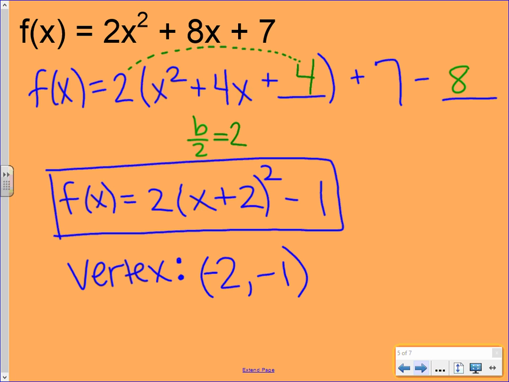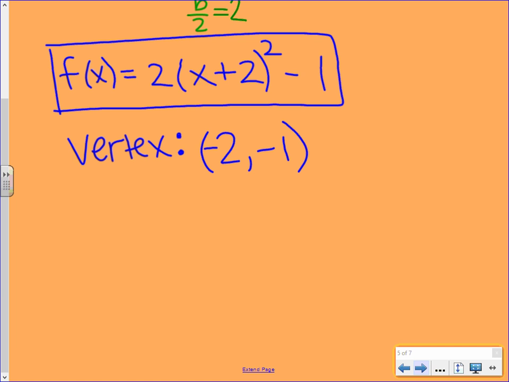If we were to graph this, we have that vertical stretch. So at -2, -1, our next two coordinates, instead of being right here, would stretch to double right there.